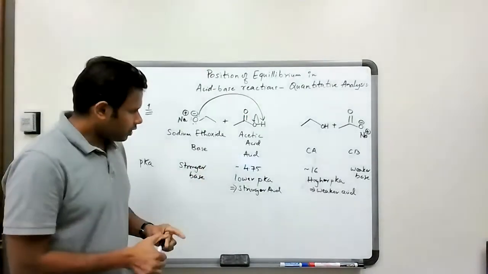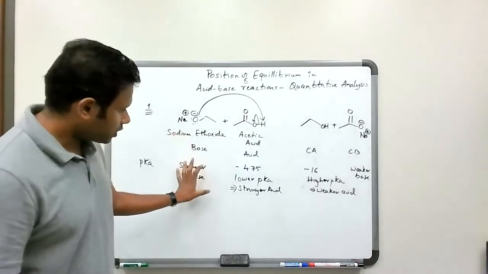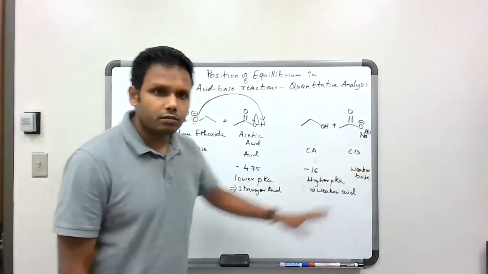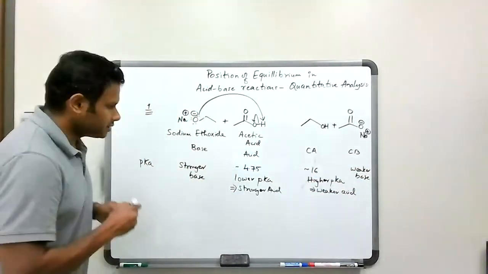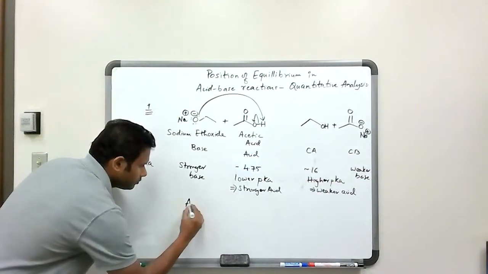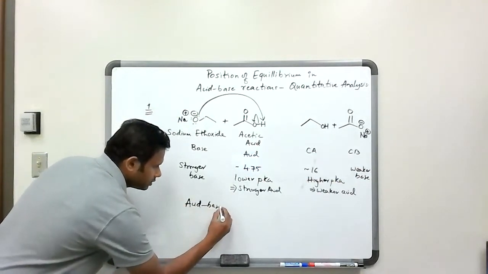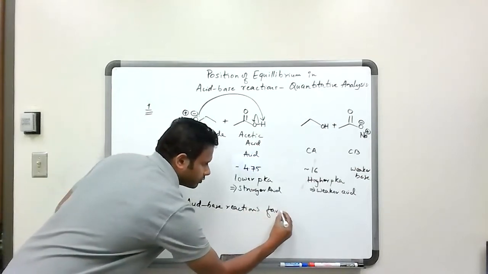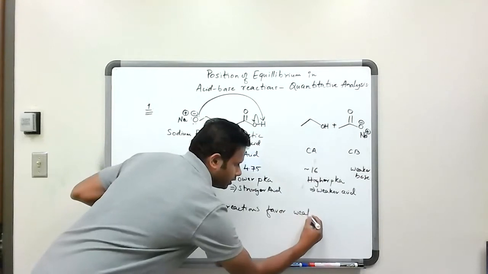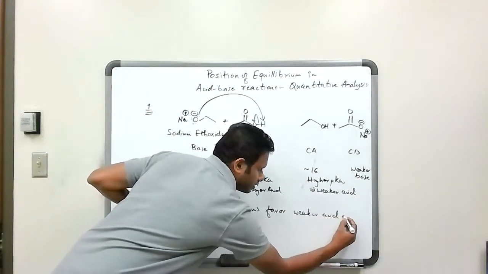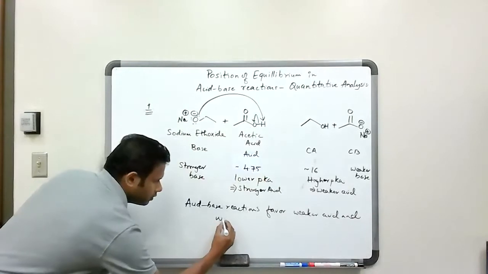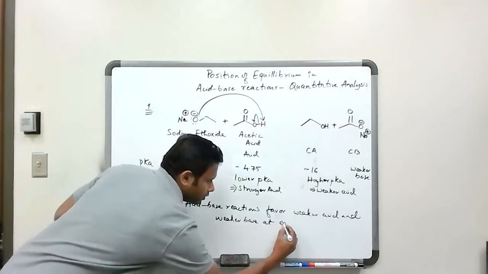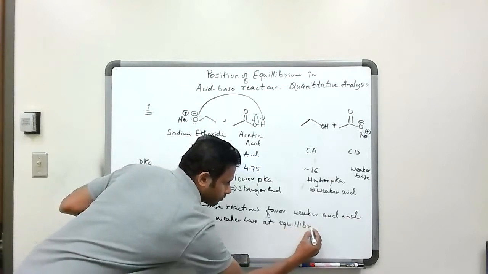So now if you look at it, on the reactant side, we have the stronger base and stronger acid. On the product side, we have the weaker acid and the weaker base. Now, the way acid-base reactions work, acid-base reactions favor the weaker acid and weaker base at equilibrium.